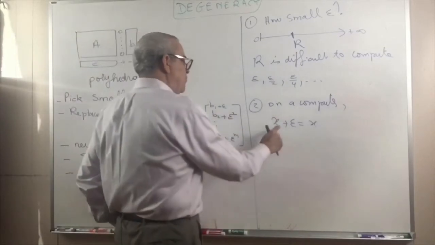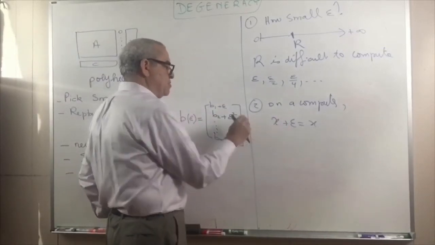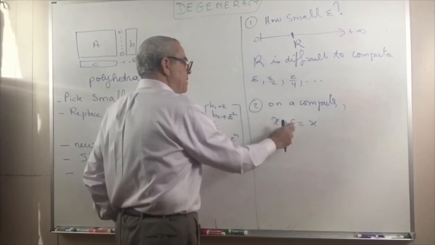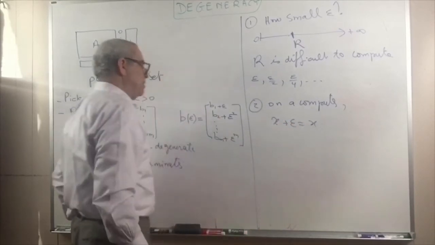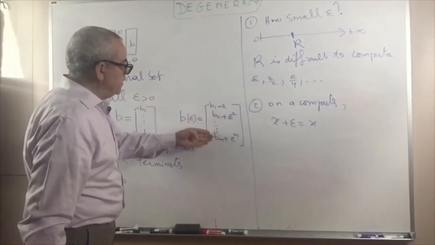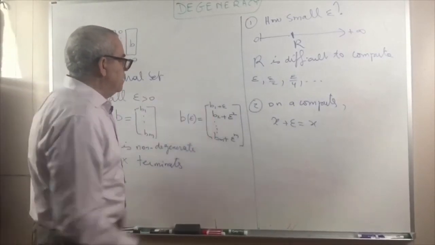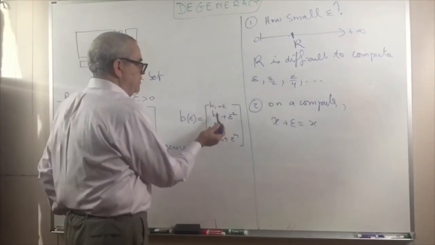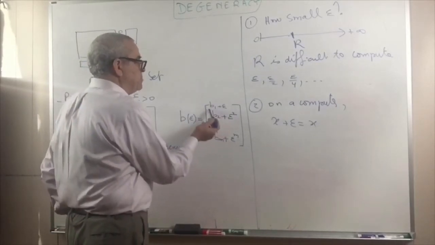So if epsilon is not in those significant digits, the computer will ignore that epsilon. It will just give you x. So the computer is not going to do this operation; it's just going to ignore epsilon if epsilon is very small.